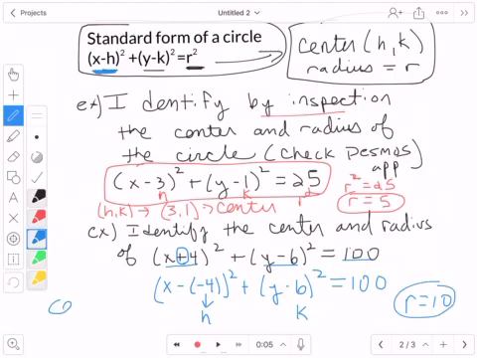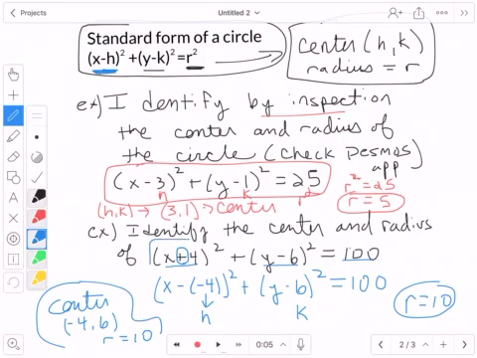But here's the thing. If we now claim that the center is at (−4, 6) and the radius is 10, trust but verify. So it's like type in the original. Always, always, always type the original into your Desmos app and have a look. And see that you confirm that your center's at (−4, 6).